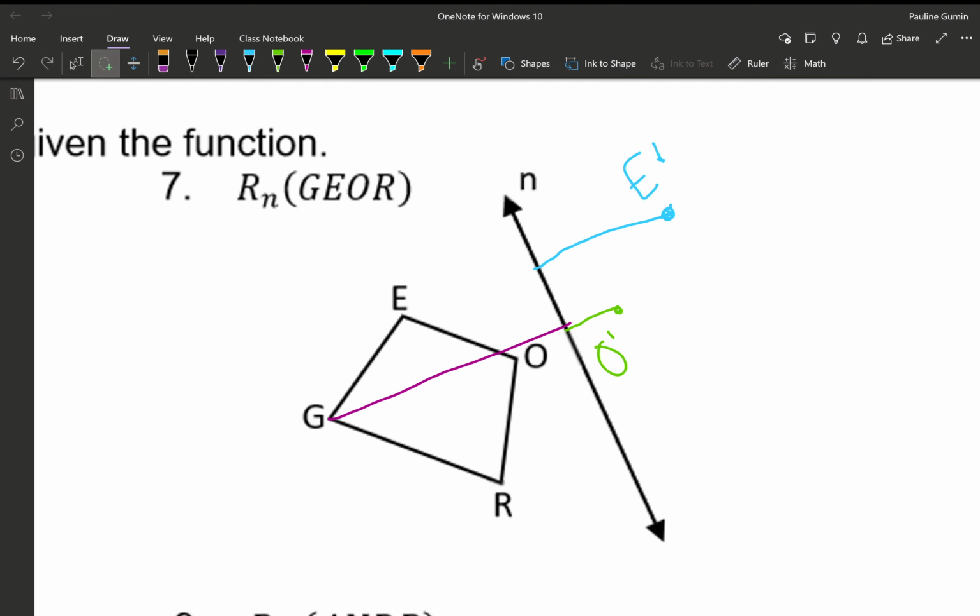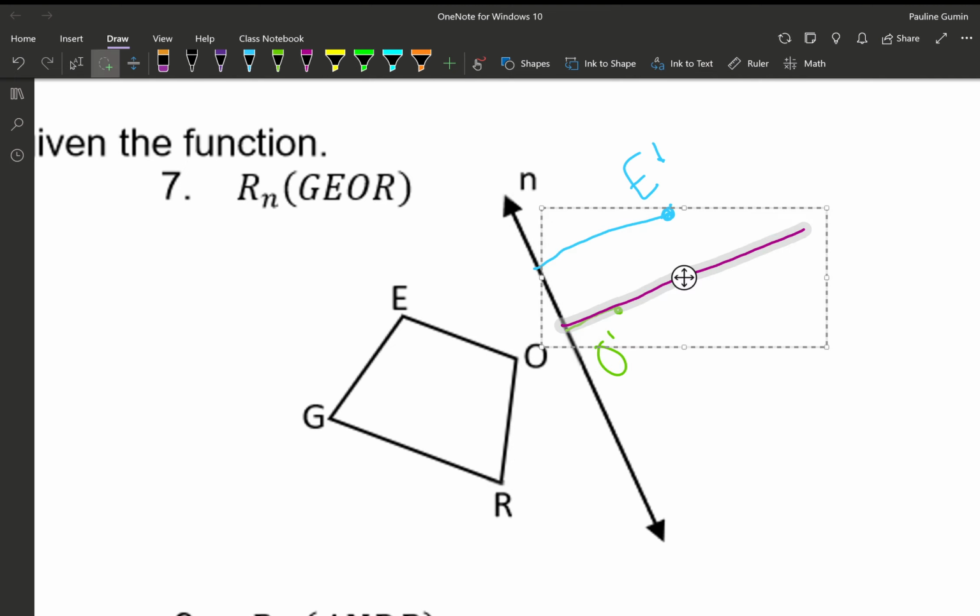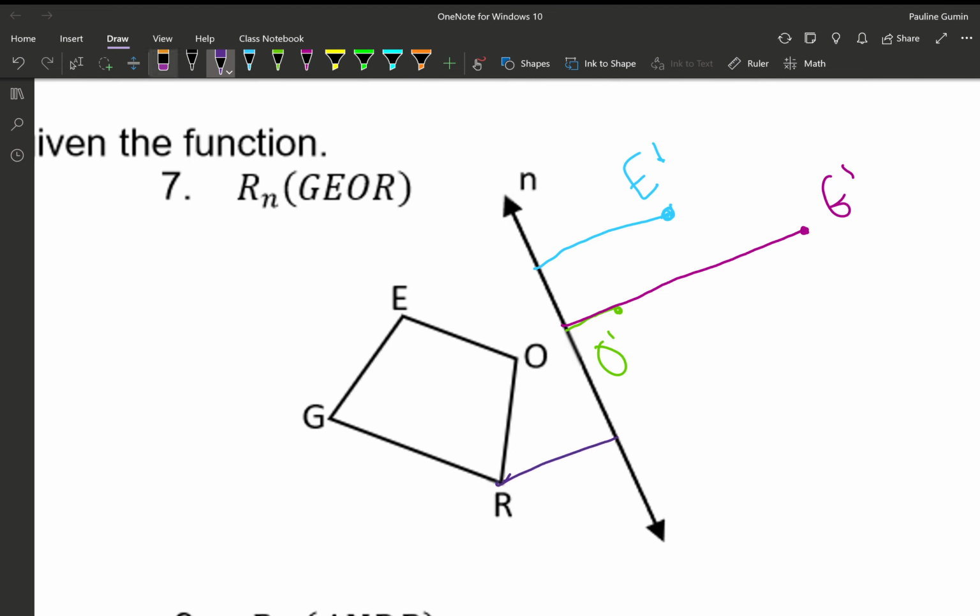Does it have to be in the same order as I'm doing it? No. This becomes G prime. And lastly, what haven't I used? Purple. Let's do R. Okay.